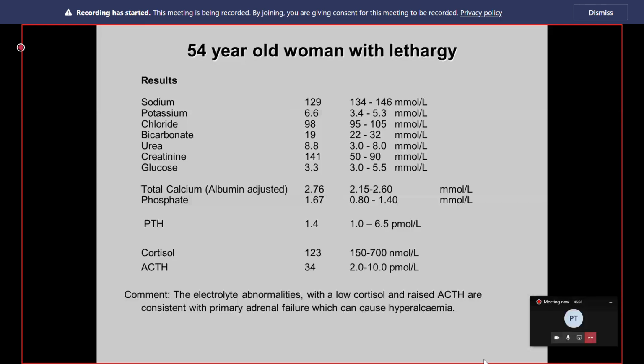Not often, but it's clearly recognized as a cause of PTH-independent hypercalcemia, and it's due to inability to excrete calcium in the kidneys, and cortisol is important for that. Once they are cortisol replete, the calcium excretion normalizes, and so the cure is to treat the patient with cortisol replacement.